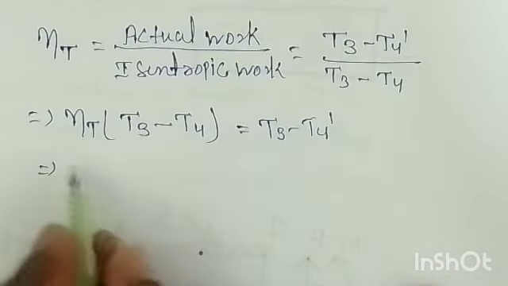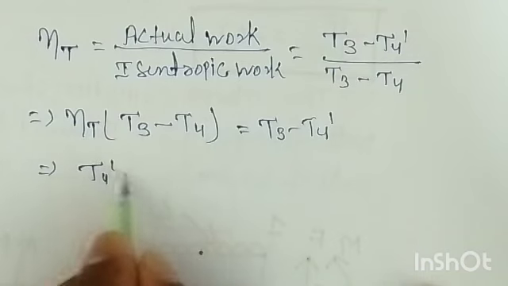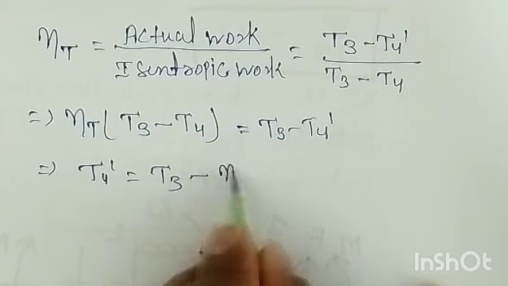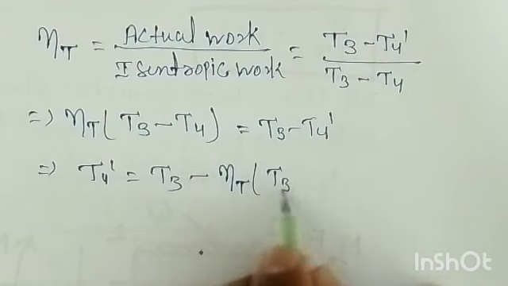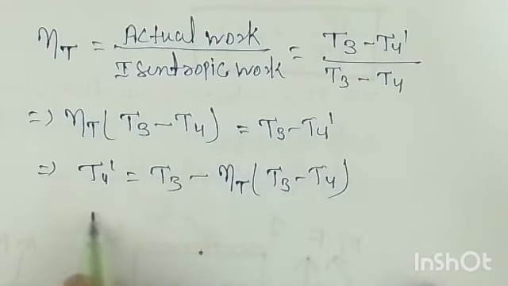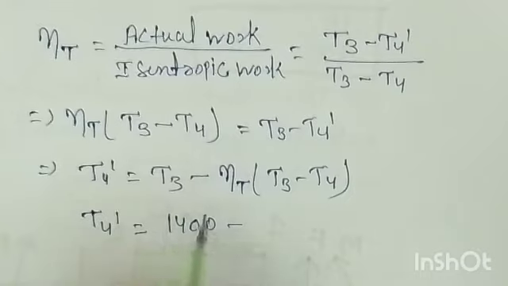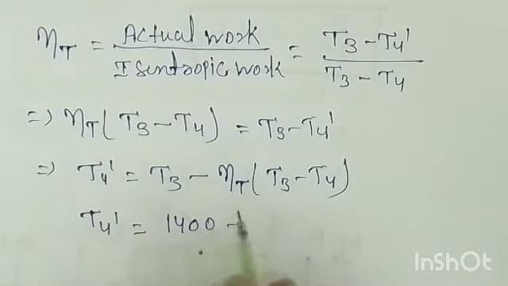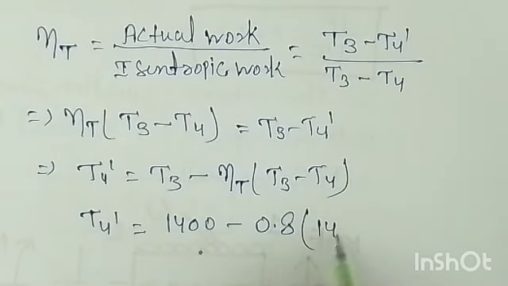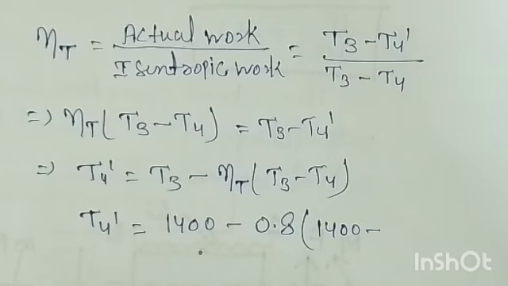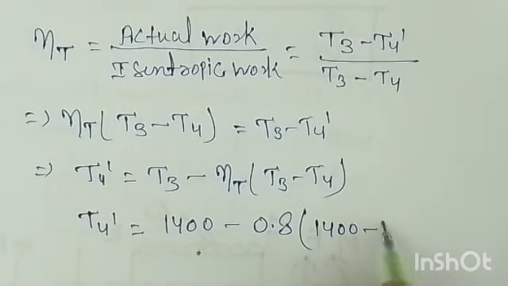So T4 dash is equal to T3 minus turbine efficiency into T3 minus T4. So T4 dash is equal to T3, which is 1400 Kelvin at the entrance of the turbine, minus the turbine efficiency, given as 80%, which means 0.8, into T3, which is 1400, minus the T4 you got just now, which is 725.12.